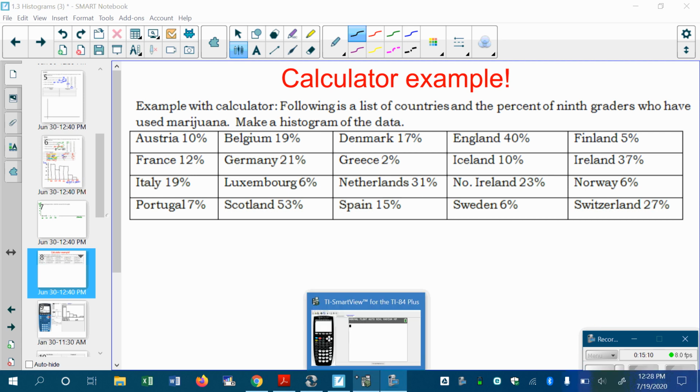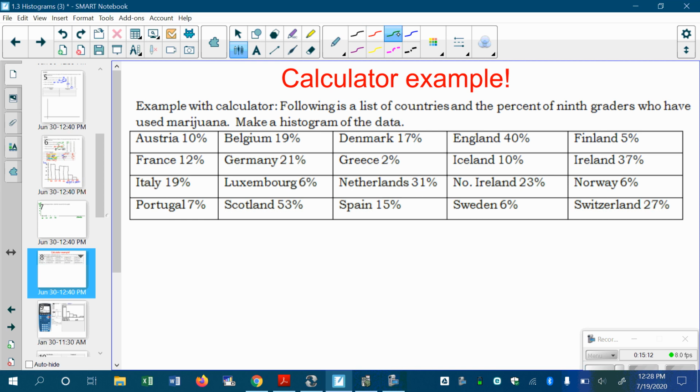Now, something that sometimes causes problems is that people will look at a table like this and they will say, oh, here's list 1, here's list 2, here's list 3, and that is wrong. Do you know why? How many variables are represented here? Just the one. The one variable is what percent of ninth graders have tried marijuana according to survey data.